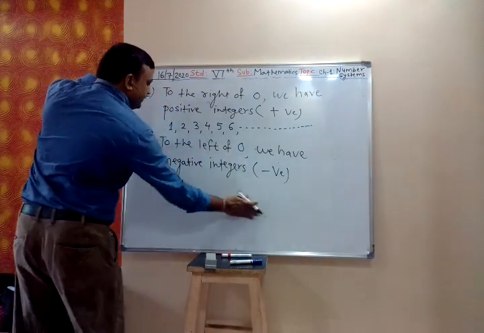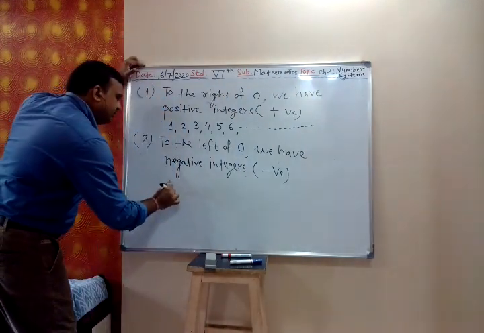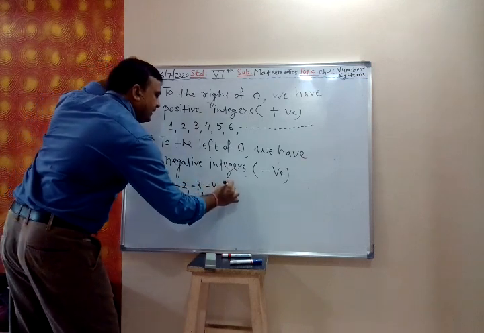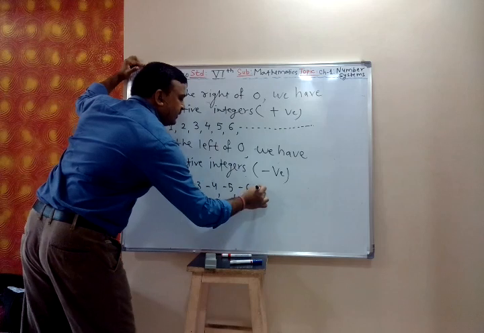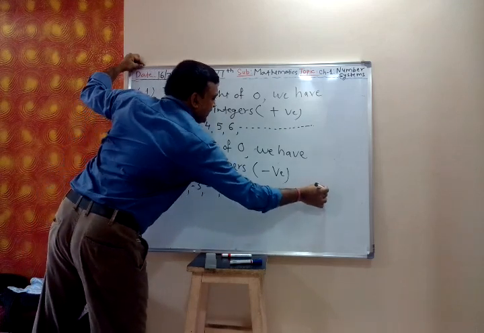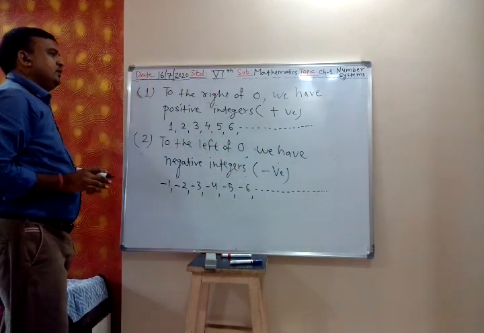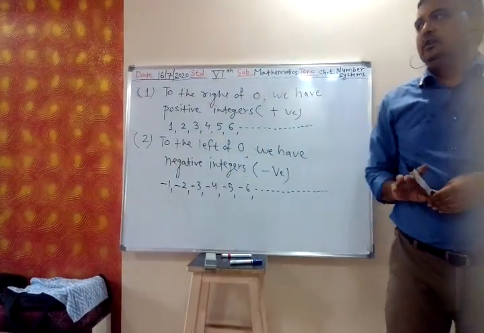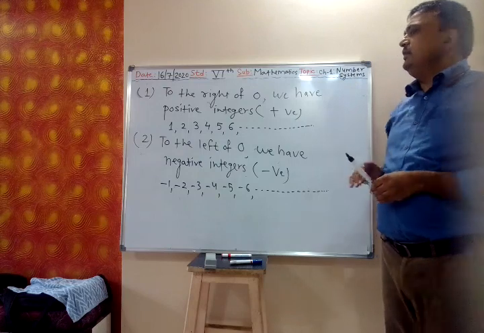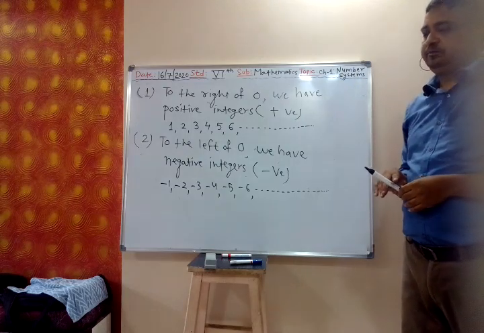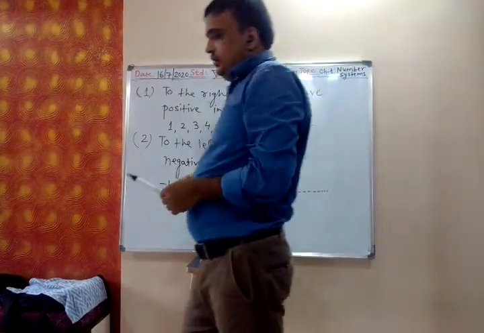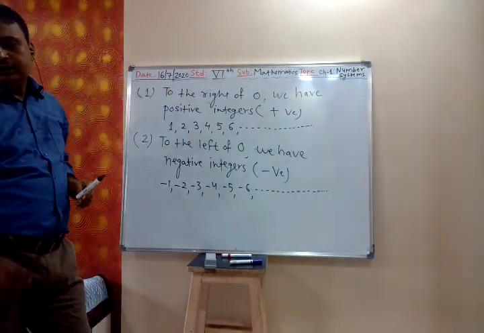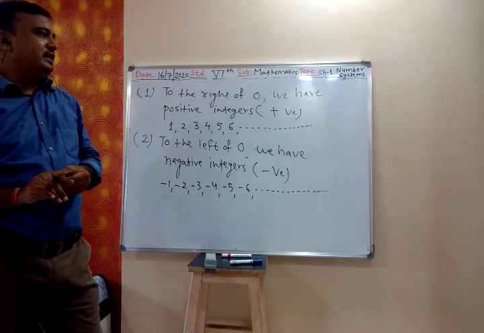Negative integers are minus 1, minus 2, minus 3, minus 4, minus 5, minus 6, and so on. Dash means countless, infinite. To the left of 0, we have negative integers. To the right of 0, we have positive integers.